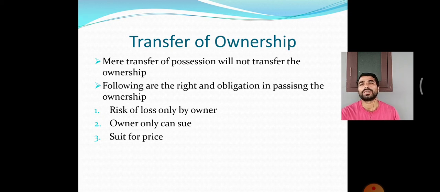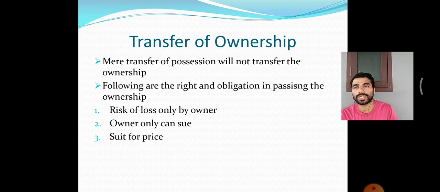Now, when we pass the ownership, there are certain rights and obligations from the point of view of the seller and the buyer. Number one, the risk of loss lies only with the owner. So the question is, who is the owner? The risk of loss will be transferred only to the owner.